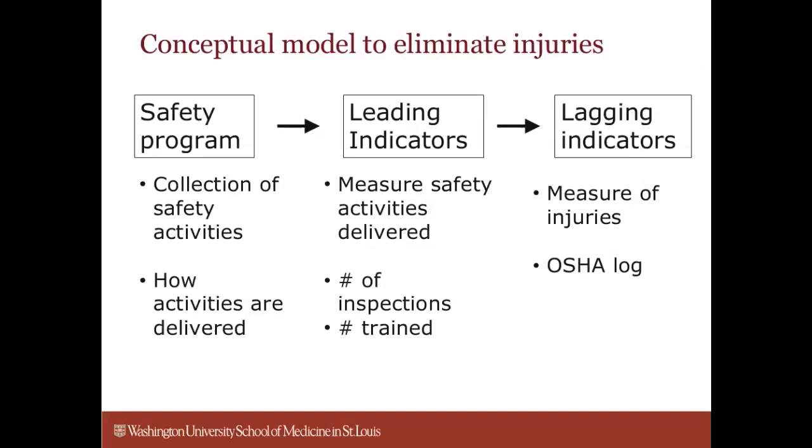The leading indicators in the middle are actually an interim measurement that oftentimes contractors will use in order to know whether or not the safety program is being delivered as designed. It is thought that the leading indicators are precursors or will show whether or not the workers are at greater risk of injuries. Many contractors do not have very many injuries.